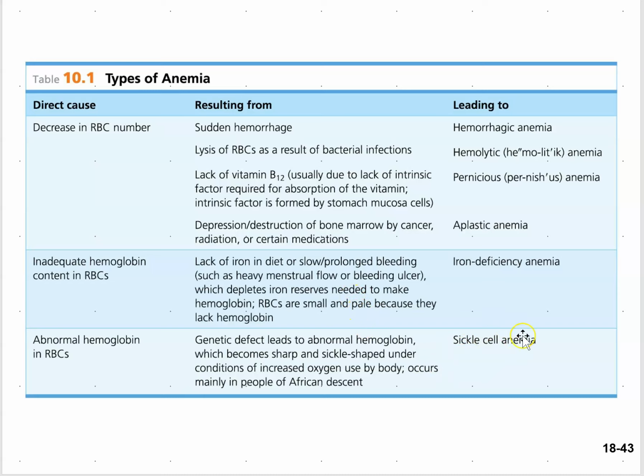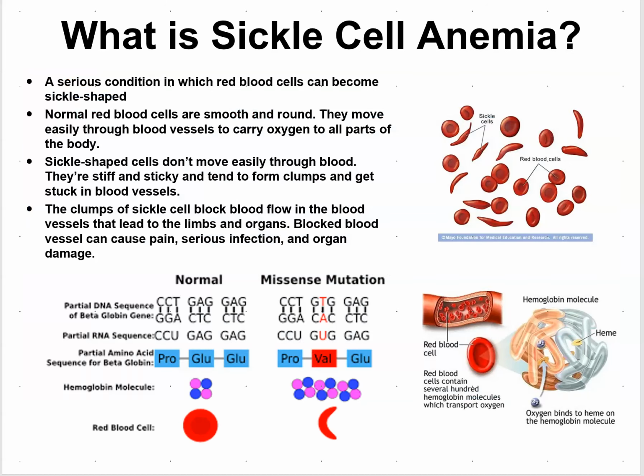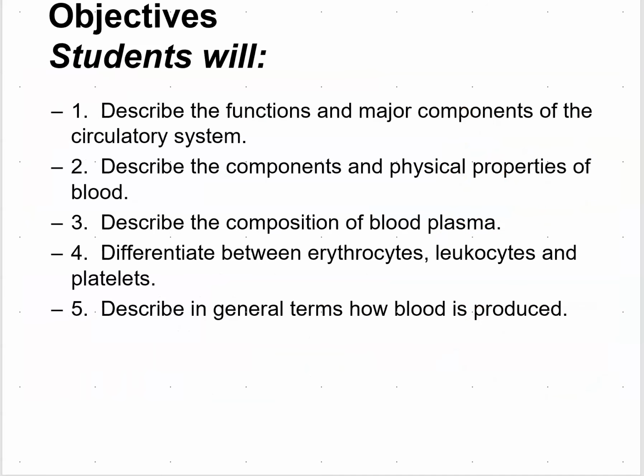And then a condition we looked at is sickle cell anemia, which is a genetic defect that leads to sickle-shaped red blood cells, which leads to poor transport of oxygen through the body. This type of anemia is very common in people of African descent, especially in people who live in malaria-prone regions. These are some things that you need to know in this chapter.